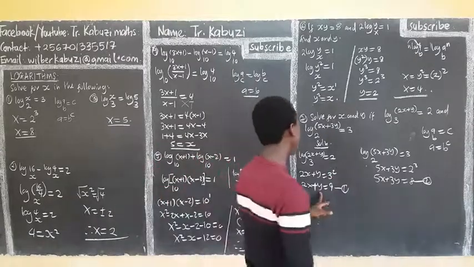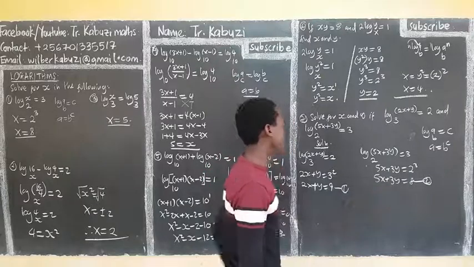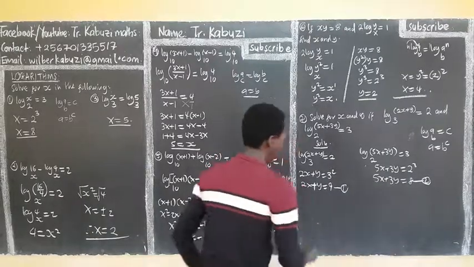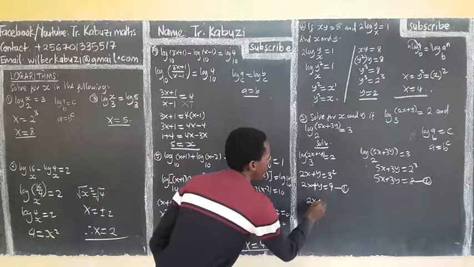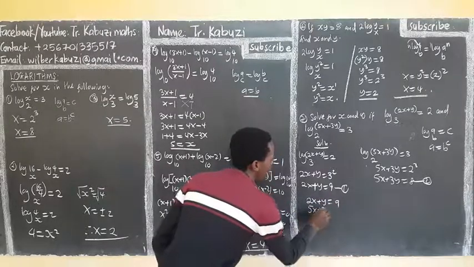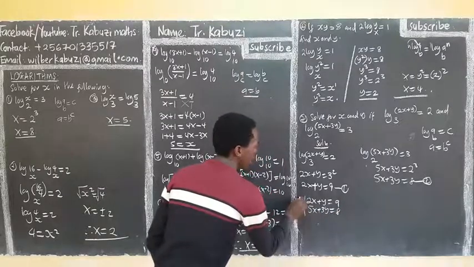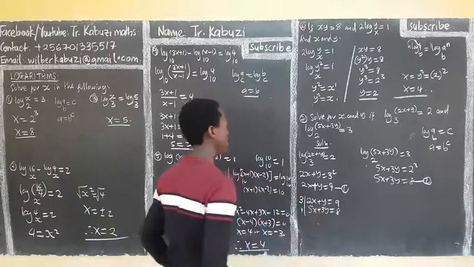How am I going to solve this? I need to multiply here with the 3, so that it's the same there. You get your 2x plus y equal to 9, then your 5x plus 3y equal to 8. You multiply this by 3 here, then you multiply this coefficient there.